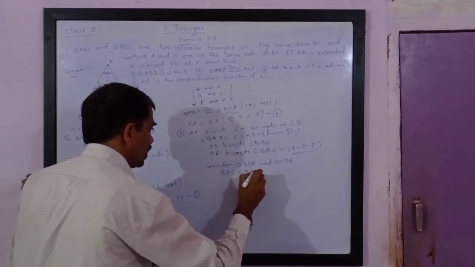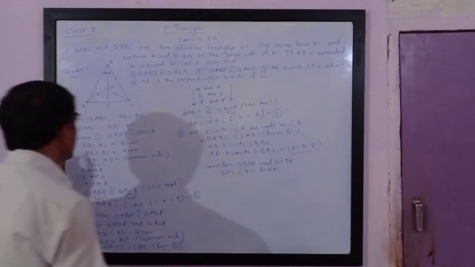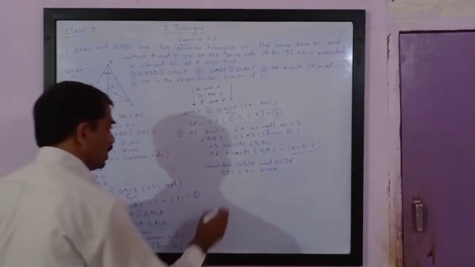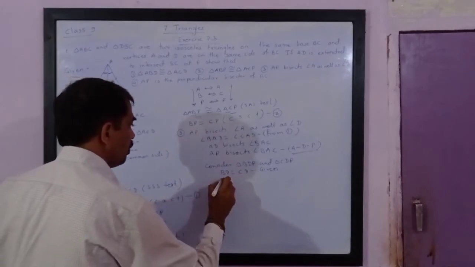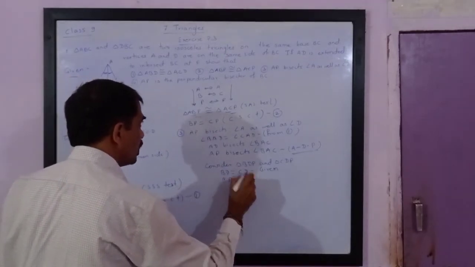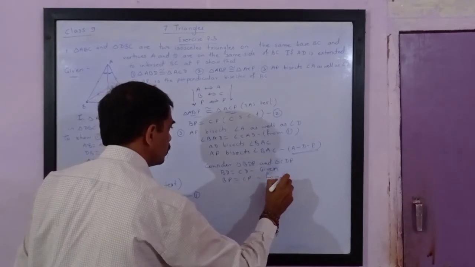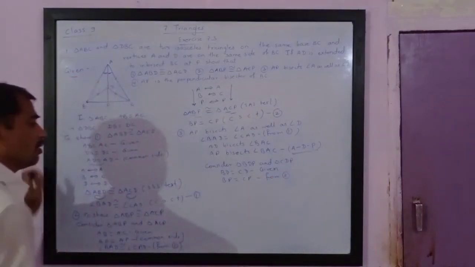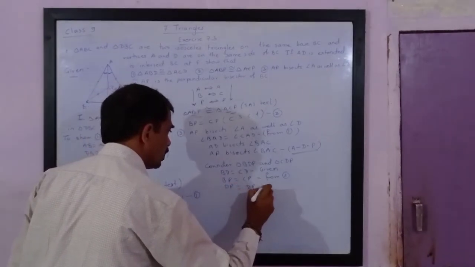They are the sides of the isosceles triangle, that is given to us. Then BP is equal to CP. That is our result 2. And DP is equal to DP, common side.